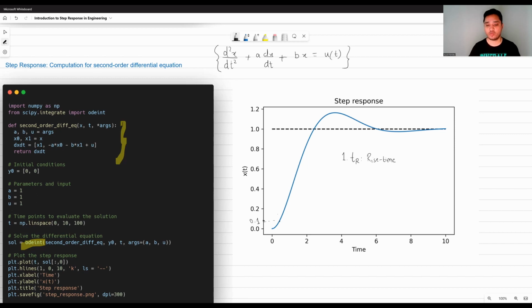Once it starts to increase its response, how much time does it take to get as close as possible to the step value, the desired value? So we may say something like the time it takes to go from 10% to 90% of the step value. So that would be something like 0.9 here.